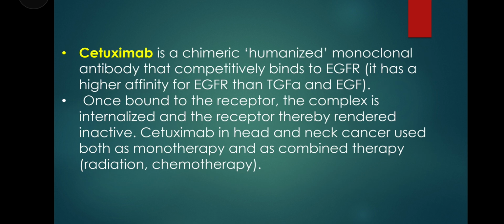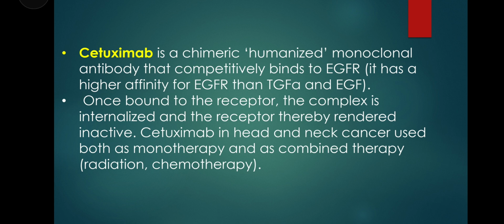Cetuximab is a chimeric humanized monoclonal antibody that competitively binds to EGFR. It has a higher affinity for EGFR than TGF alpha and EGF. Once bound to the receptor, the complex is internalized and the receptor thereby rendered inactive.